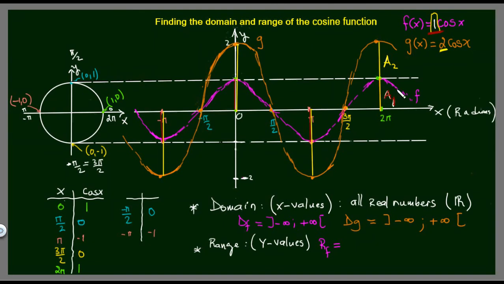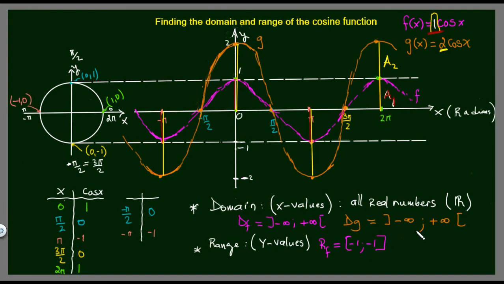It is in these limits here, from -1 to 1. This is where our function f is defined on the y value. So its range would be from -1, included of course, to 1, also included.